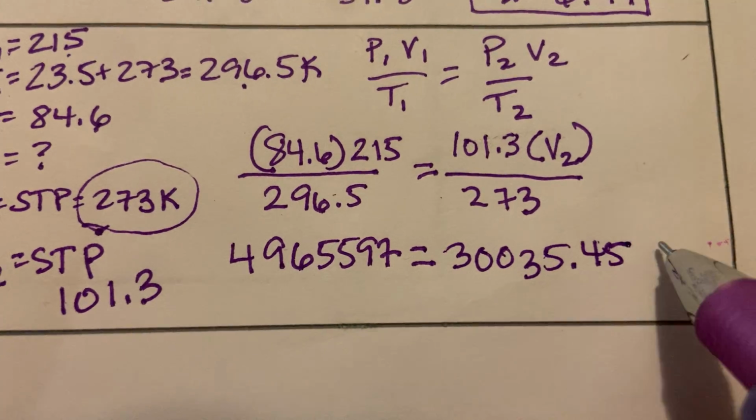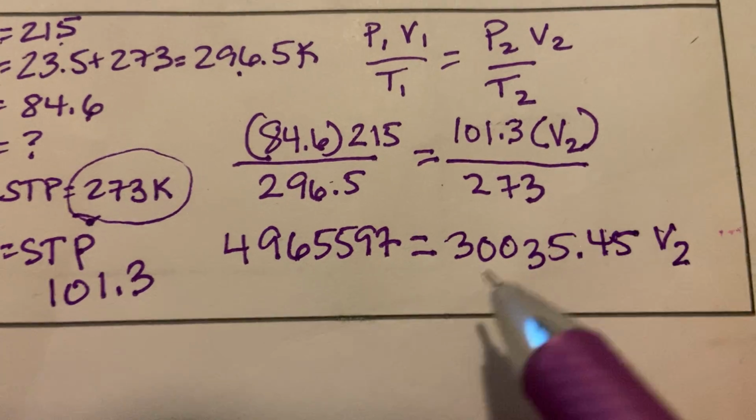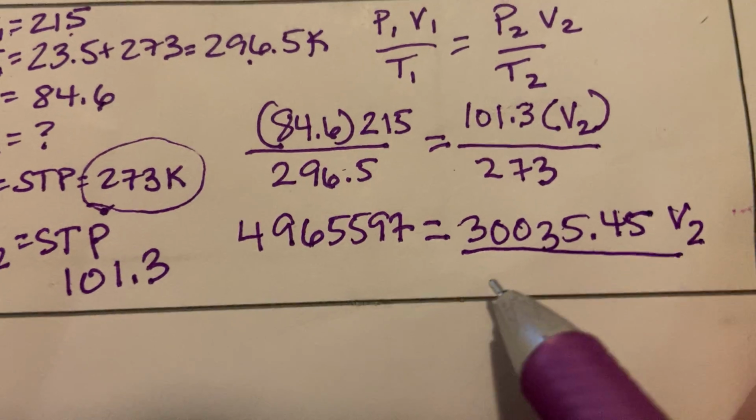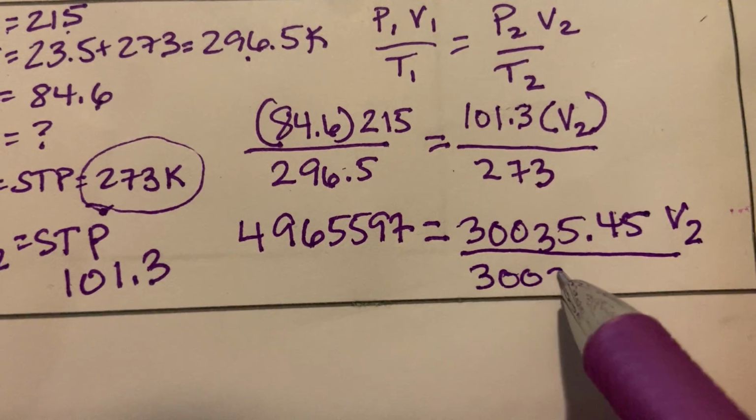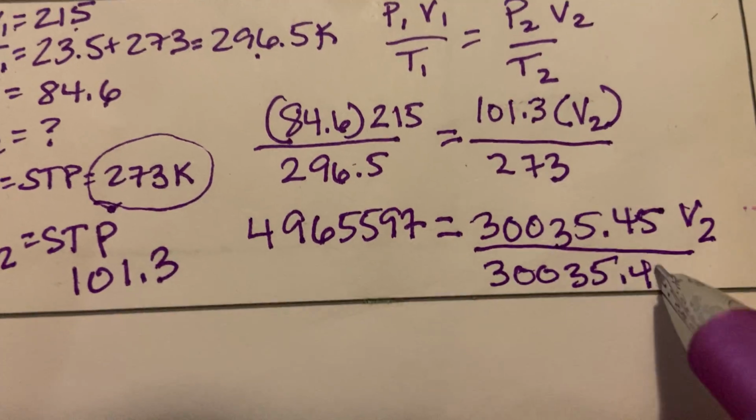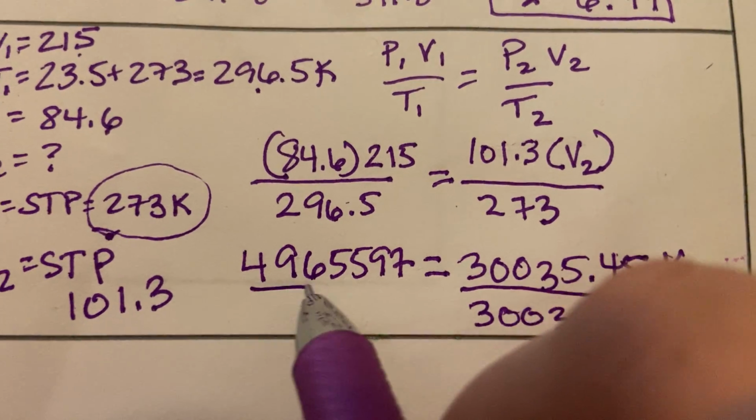3003545 times V2. So again, you divide both sides.